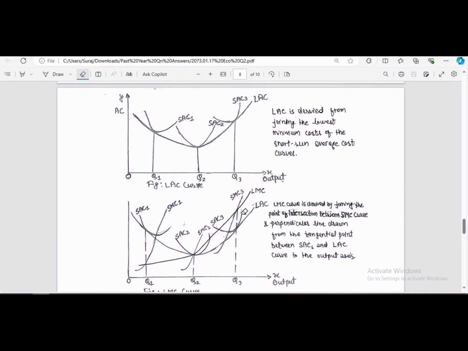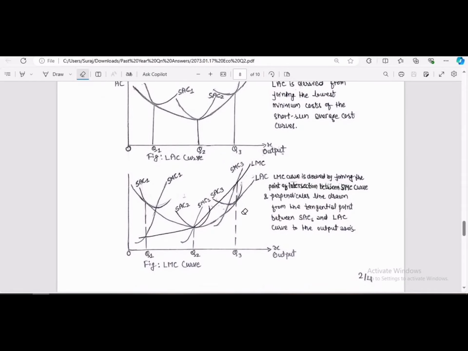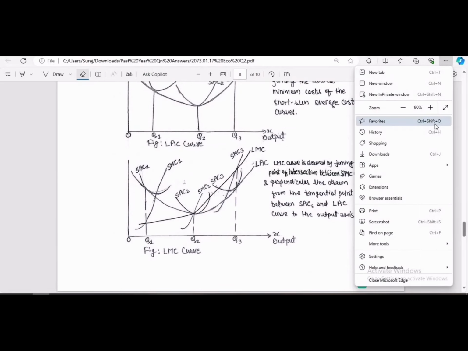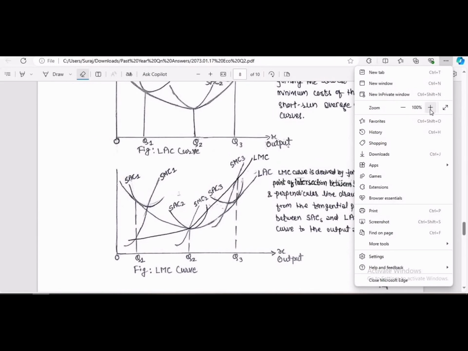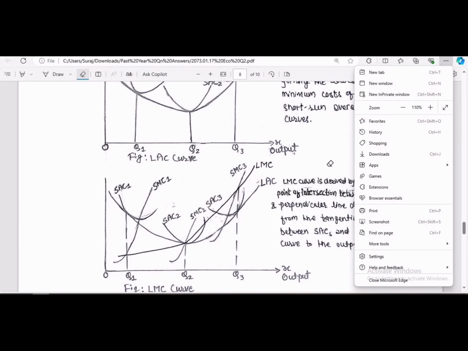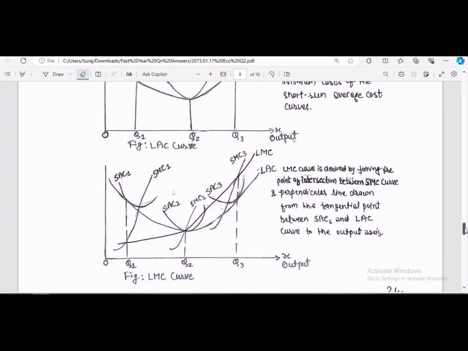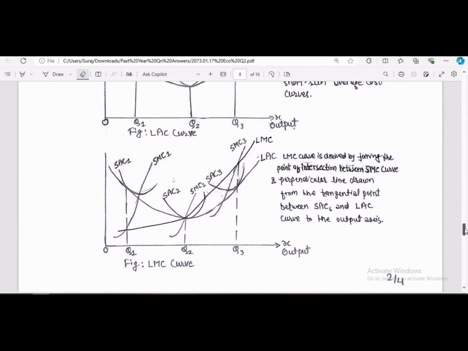Now it's time for long run marginal cost, and long run marginal cost is quite difficult to make compared to the previous long run total cost curve and long run average cost curve.